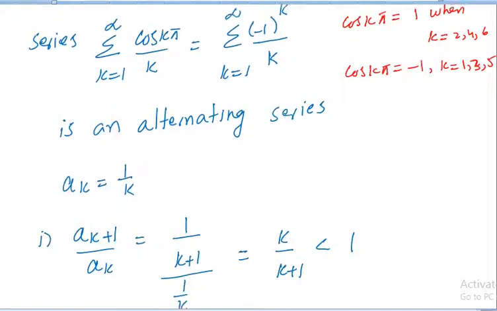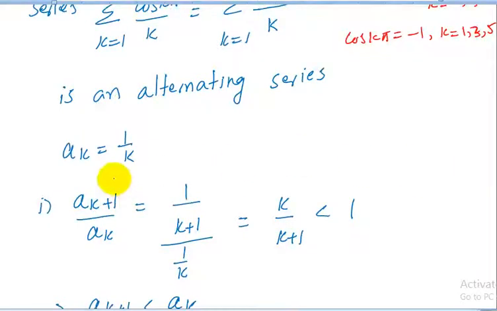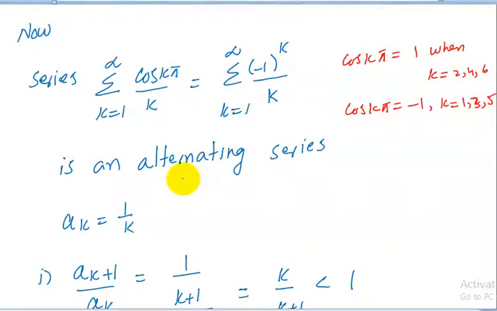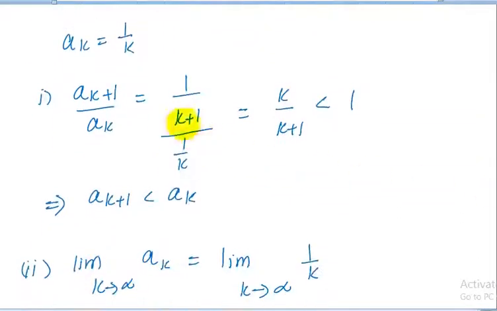This is an alternating series with general term ak equal to 1 upon k. In this case this series is an alternating harmonic series. In order to test convergence of this alternating harmonic series, first we test whether the series is decreasing. ak plus 1 upon ak is equal to k upon k plus 1.